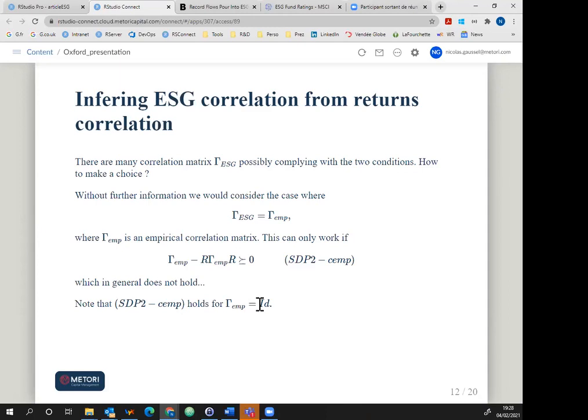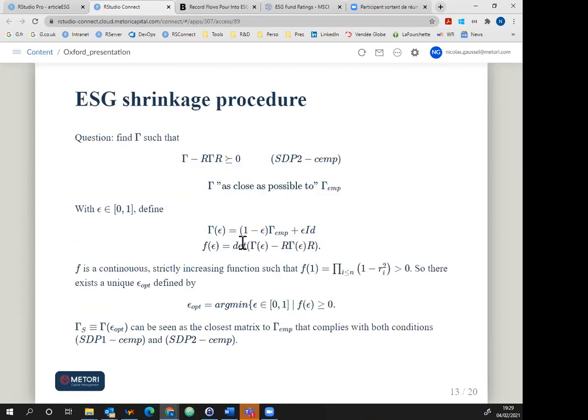But it would be a pity not to take correlation into account. So what could we do to incorporate some correlation? What we try to do here is find that correlation matrix gamma for the ESG metric, which is as close as possible to the empirical correlation matrix, and which complies with that condition.